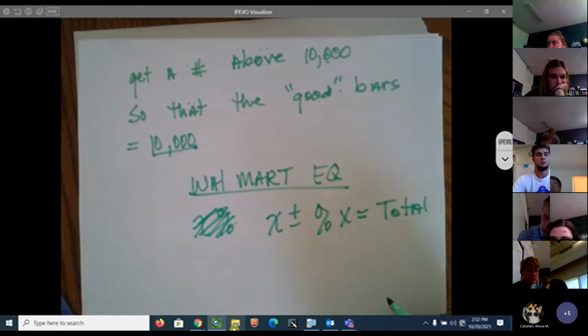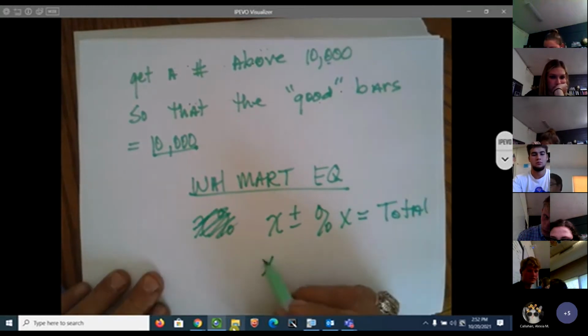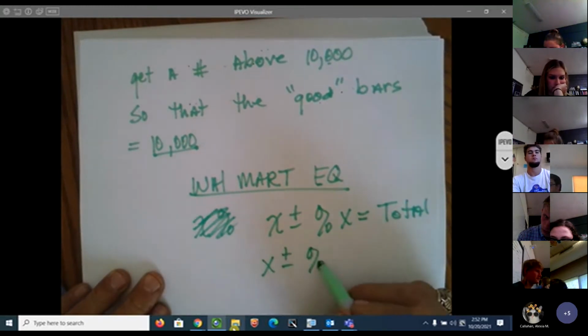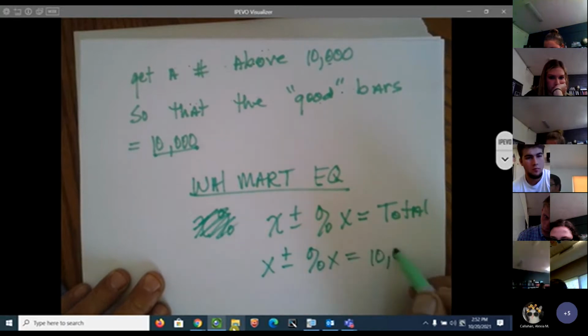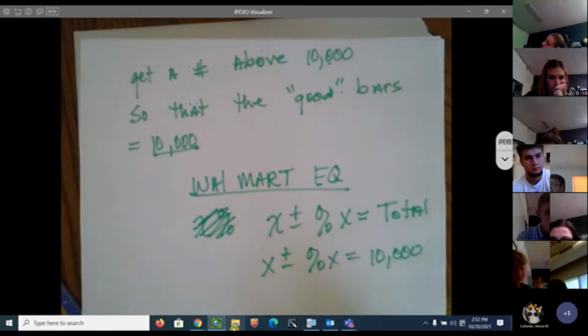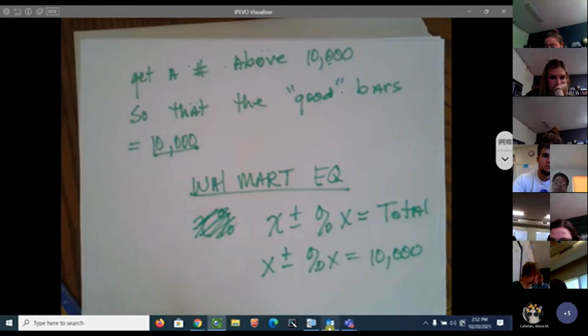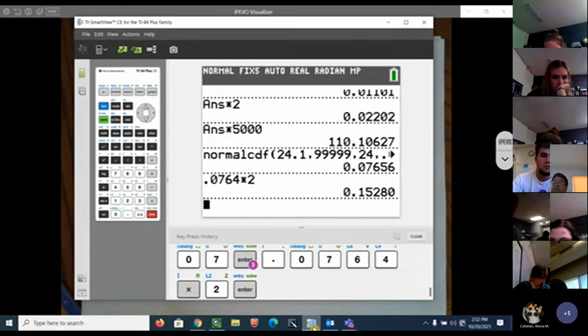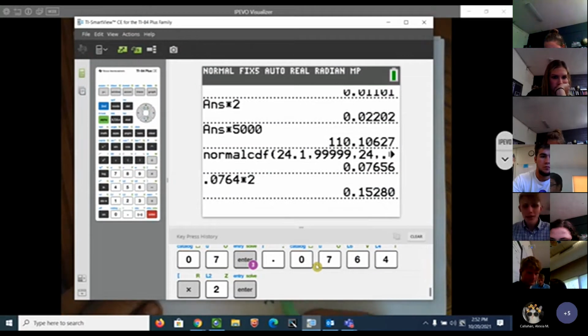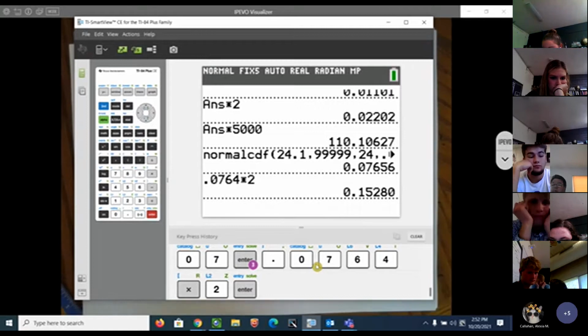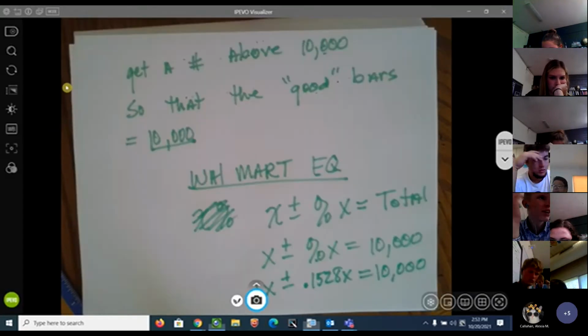So we want 10,000: X plus or minus 0.1528 X is equal to 10,000.